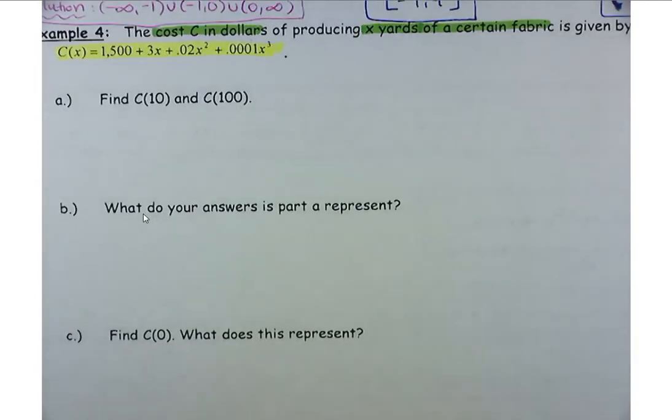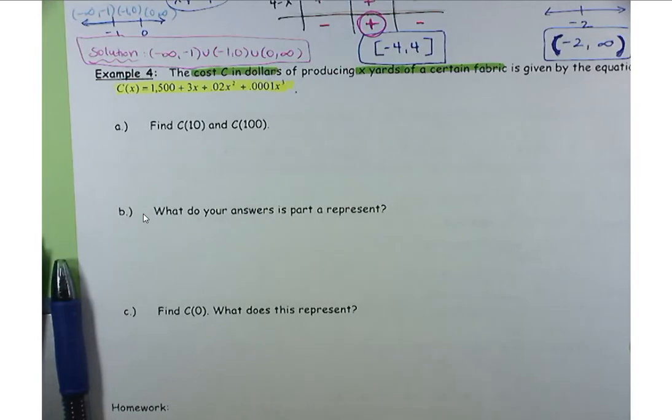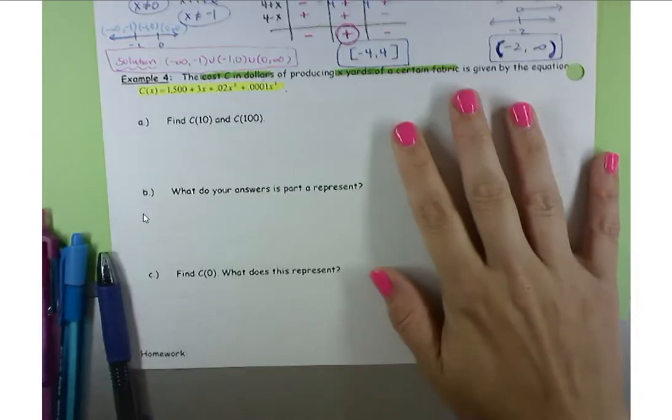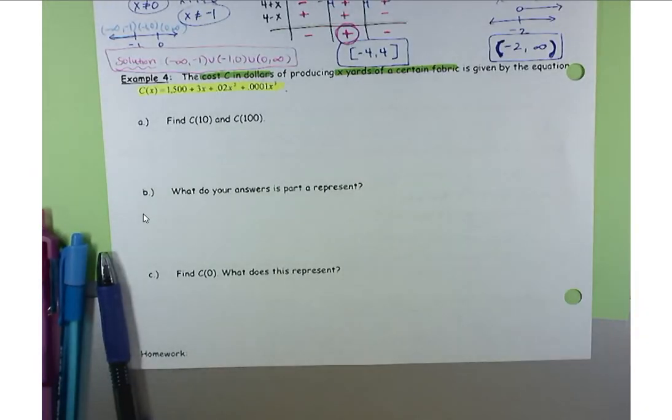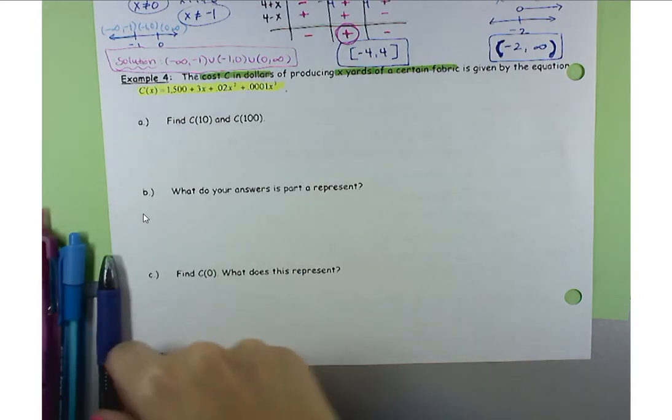The first thing it says is to find C of 10 and C of 100, which we're going to do without a calculator. If you have a value that's harder to calculate without a calculator, it's fine if you use one. If you had 2.5, fine, do it. But with this, you just have 10 and 100, so we're going to see how simple that is using our mental math skills.